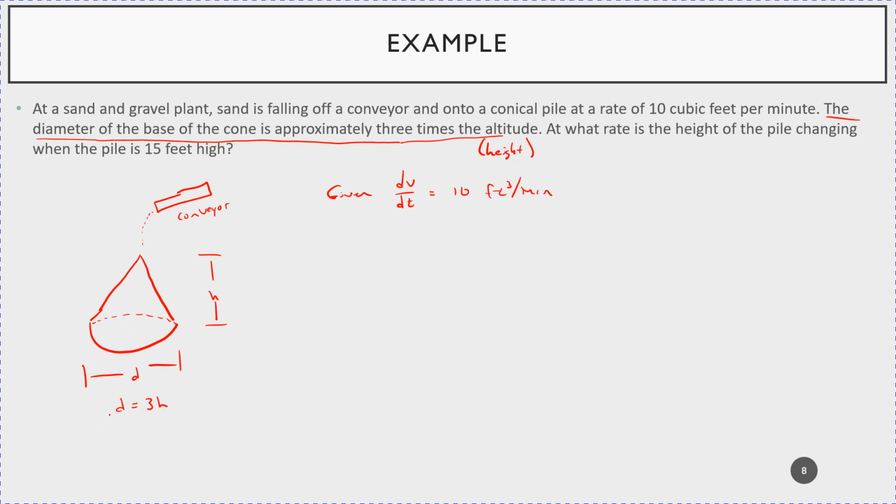But usually these volume formulas are in terms of radius. The radius is half the diameter, so the radius is 3/2 the height. At what rate is the height of the pile changing? They want you to find dH/dt when the pile is 15 feet high.